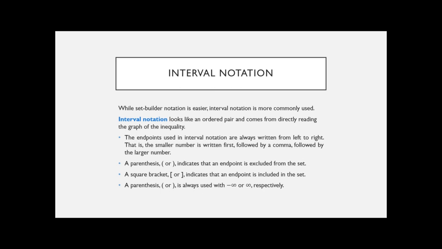So basically, the tips for interval notation: your endpoints in interval notation are always written from left to right. Everything we do is left to right here. So the smaller number always goes first. Then there's a comma. That's why it looks like an ordered pair. And then there's the larger number. So it always has to be smallest, comma, largest. If you're reading it off of the number line, you read it left to right.